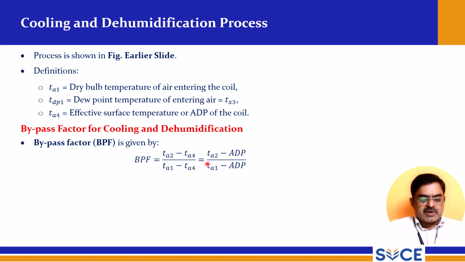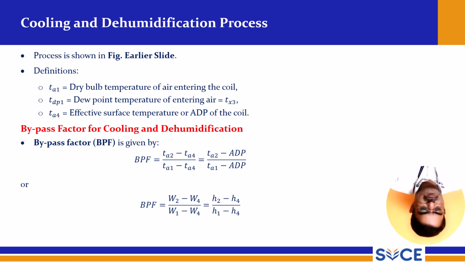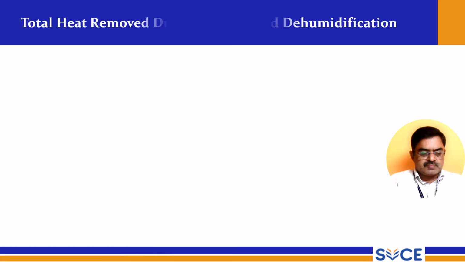Since TA4 equals ADP, just replace TA4 with ADP. Or BPF equals W2 minus W4 divided by W1 minus W4, which is equal to H2 minus H4 divided by H1 minus H4.